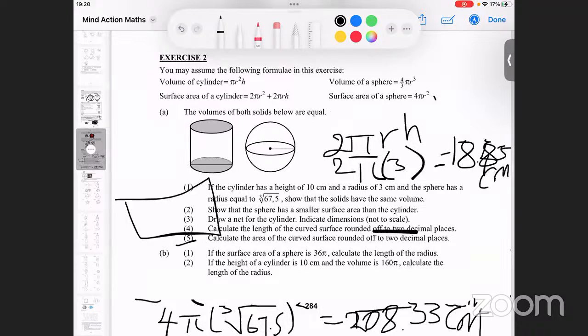Ma'am, I get 60 pi, which is also equal to 188,49. How much? 188,49.5.